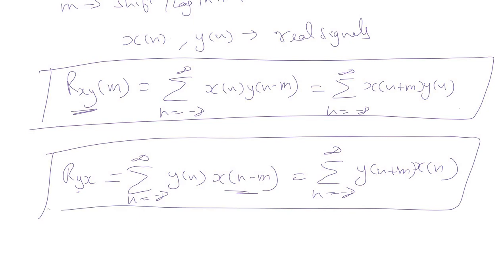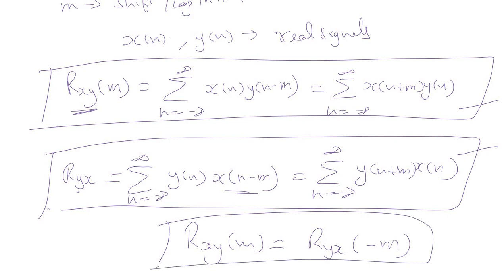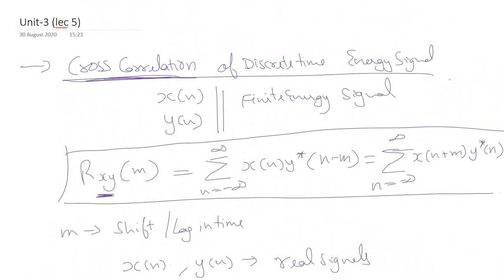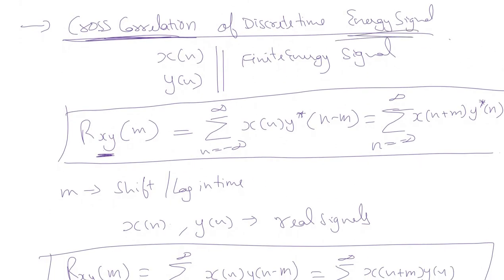If we analyze these two equations, we can easily conclude that Rxy[m] is equal to Ryx[minus m]. So this was the cross correlation for discrete time energy signals.